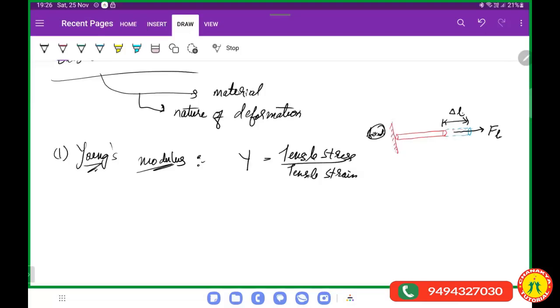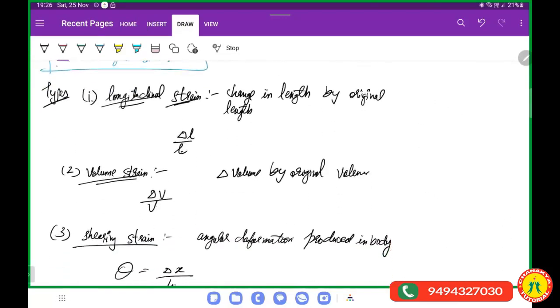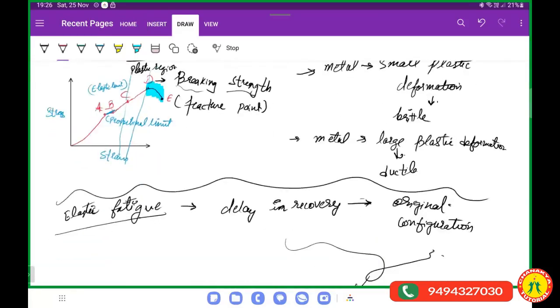Now what we are seeing here, this area-wise: this stress is like pressure only, so force divided by area, divided by strain. Tensile strain means change in length by original length, L by L. That's what we wrote above also, longitudinal or tensile.